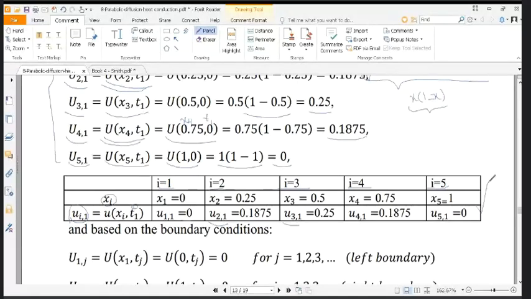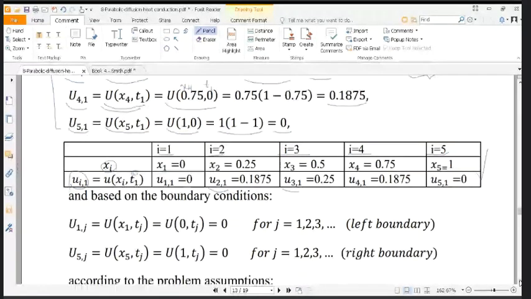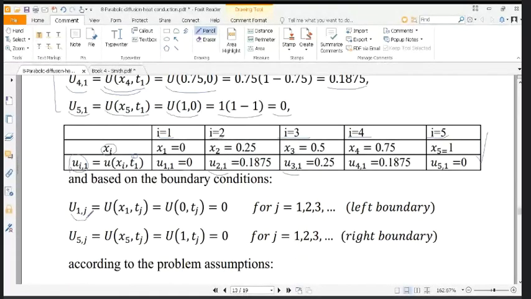Continue. Based on the boundary condition, we have u1,j. When we have the index 1 for u, it means u at x1 and tj. x1 is the start point of x. x starts from x1 to xn, and x1 is 0.